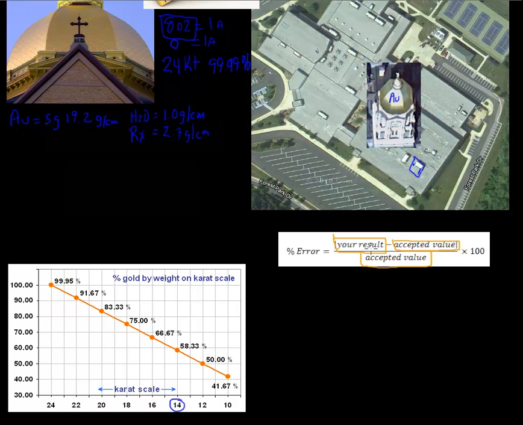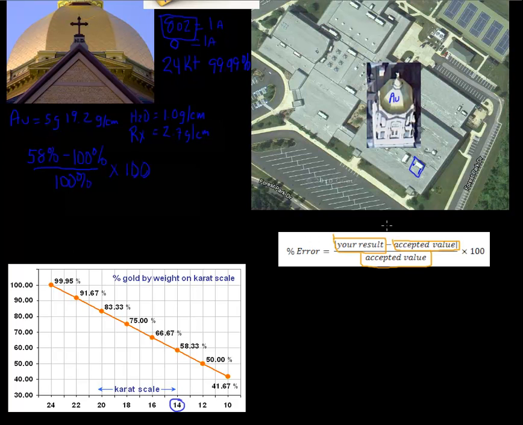Well, if you take a look at it, what do you get? You're going to be getting 58%. You're supposed to be getting 99.95. I'm going to round that to a nice 100%. And then we have to divide this by 100%, and then we have to multiply this by 100. This is also an absolute value.